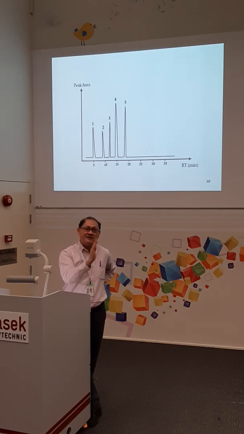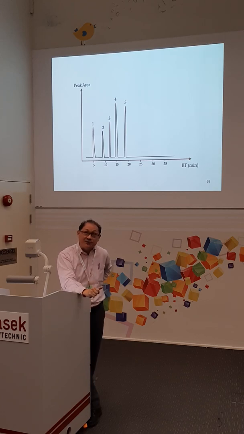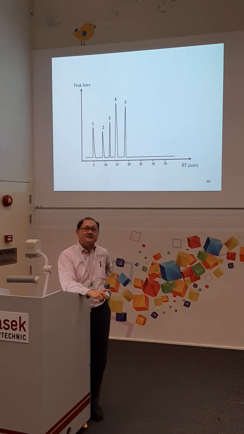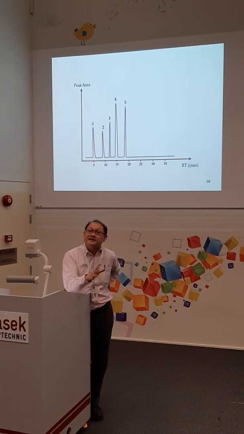That means in terms of resolution, they are good. And in terms of work efficiency, to get all 5 compounds separated, in this case we just need about 20 minutes. Just now, the original experiment, we needed to carry out the experiment for more than 30 minutes. So that's an improvement. Okay?